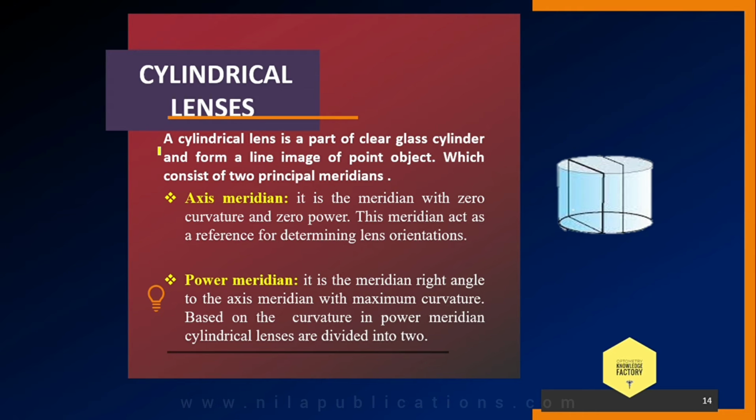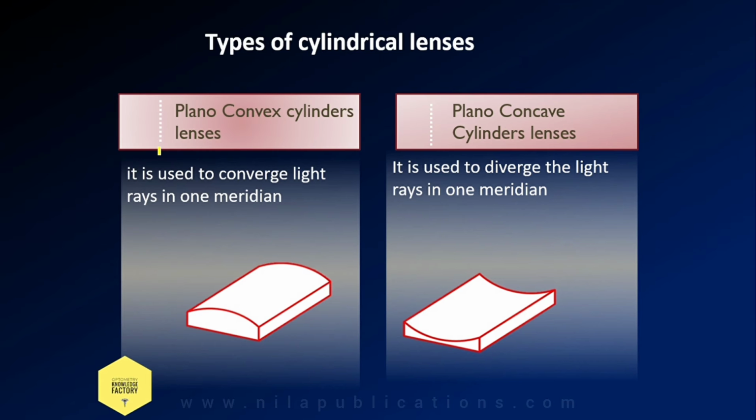Then power meridian: it is the meridian at right angle to the axis meridian with maximum curvature. Based on the curvature in the power meridian, cylindrical lenses are divided into two: plano-convex cylinders and plano-concave cylinders. A plano-convex cylinder is used to converge light rays in one meridian, and a plano-concave cylinder is used to diverge light rays in one meridian.